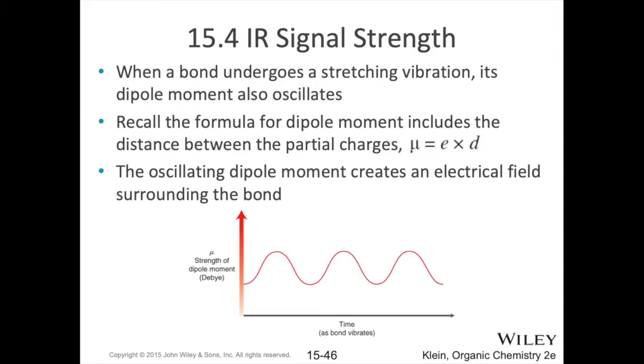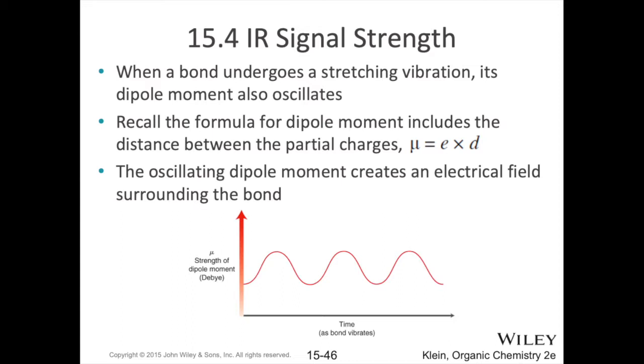Remember, your dipole moment, represented with the Greek letter mu, comes about by taking the partial charges, right? So you're dealing with the charge e times the distance between your two atoms. In other words, this dipole moment is going to fluctuate as the distance between the two atoms increases and decreases.